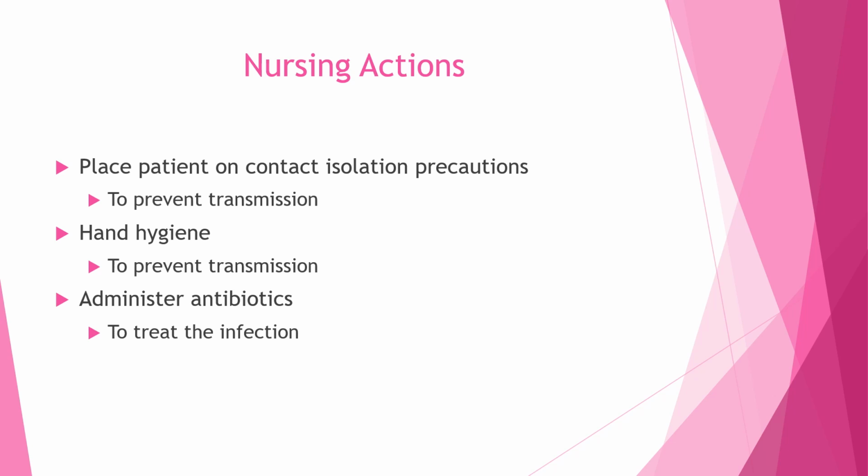Some nursing actions. We are going to place this patient on contact isolation precautions, and this is to prevent transmission to other patients. We need to talk to them about hand hygiene, and the nursing staff and ourselves, we need to be very diligent with our hand hygiene to prevent transmission. We are going to administer antibiotics if needed to treat the infection.